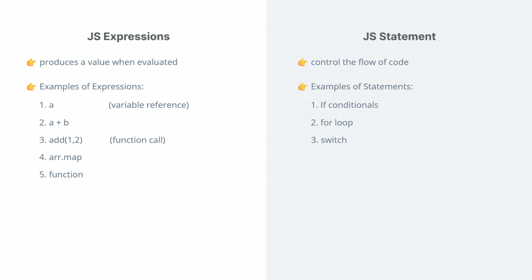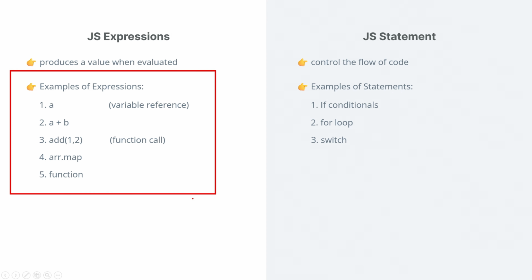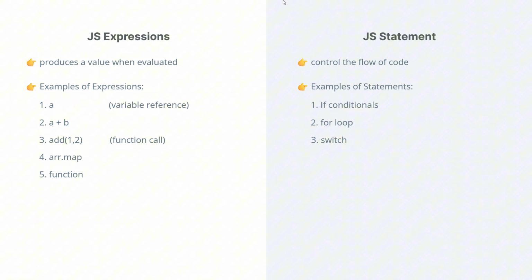So these things are all about controlling code flow and don't produce values, so they are not expressions. These are expressions because they return values. Alright, that's the explanation of expressions and statements.